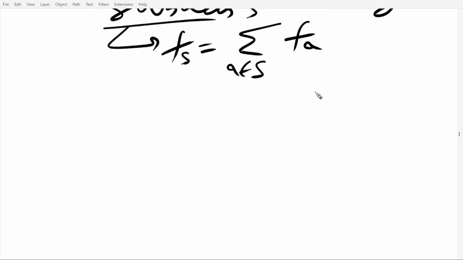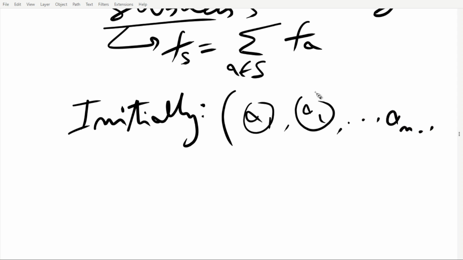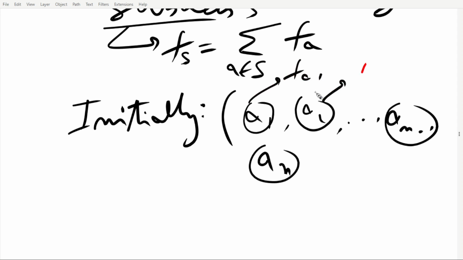So initially we have this min heap. In the min heap the subtrees are isolated nodes A1, A2 up to AN minus 1, AN, and these are sorted by their frequencies, FA1, FA2, and so on, FAN minus 1, and FAN.